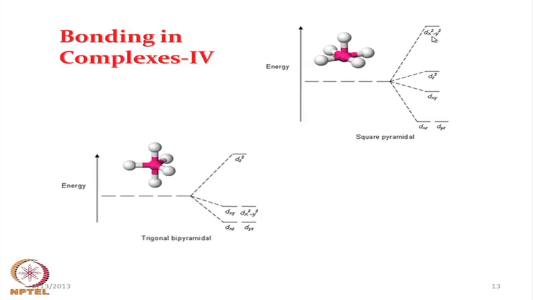Here dx square minus y square is vacant, here dz square is vacant. So, we should not put any electron in the dz square level or the dx square minus y square level while writing the corresponding metal complex having a coordination number of 5 in these two geometries.